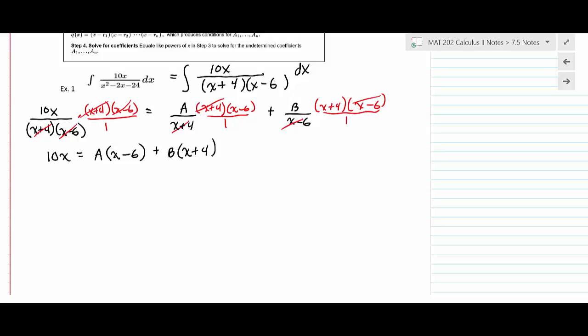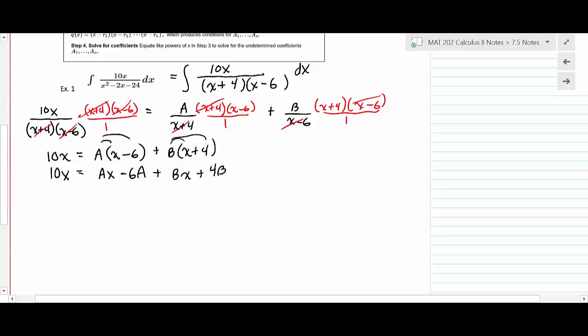As I go through this a little further, I'll skip a few steps, but for now I want to carefully write everything out. So here we have Ax minus 6A, just distributing that out. And then over here you have Bx plus 4B, like that.